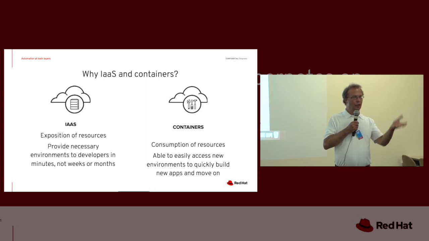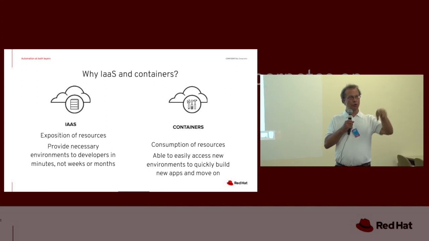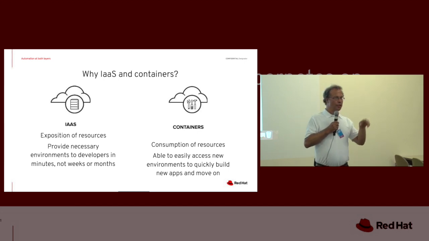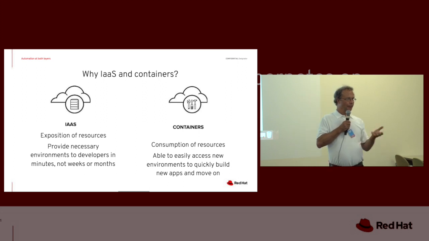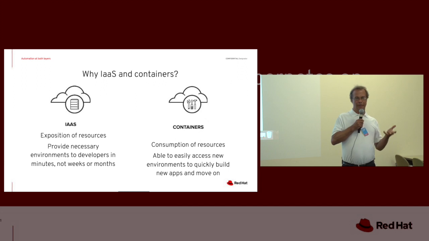It provides a layer on which Kubernetes can then run. And containers, therefore, consume the resources. They will access the storage, access the networking, access the hypervisor to run on top, and the compute.